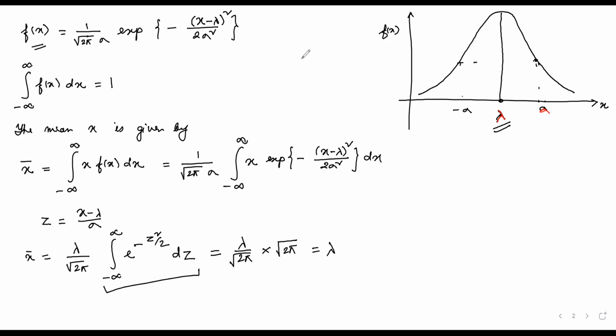In the expression for f of x, x minus lambda, this lambda is the mean value of the distribution, and this sigma is the standard deviation of the distribution. This is the normal distribution. I'll pause my recording for a while.